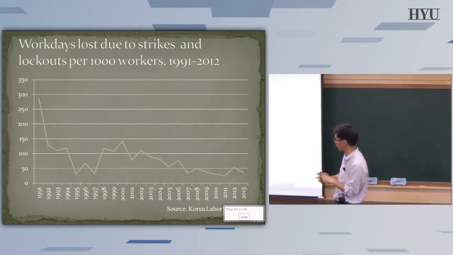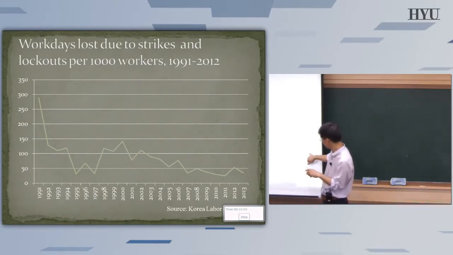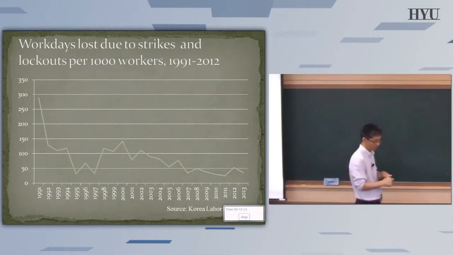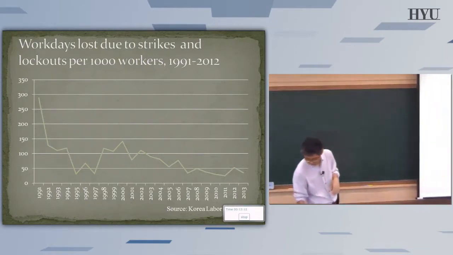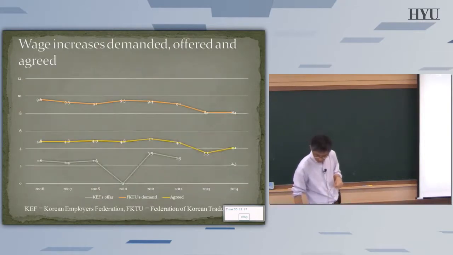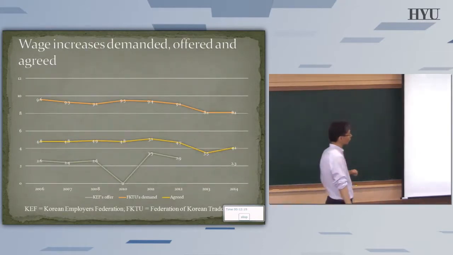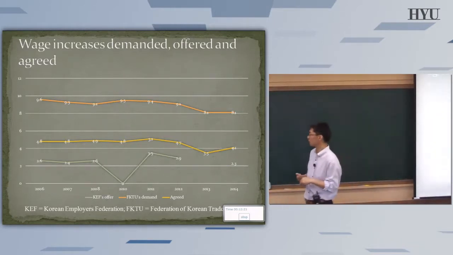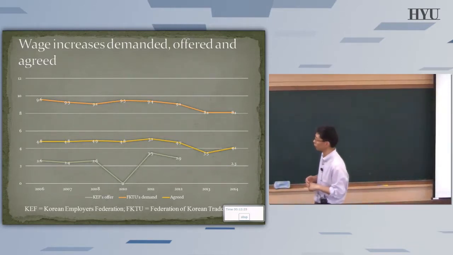Strike activity now is very stable and low, so strikes do not happen often nowadays, but they do sometimes. What strikes try to do is increase the wage rate of their union members.